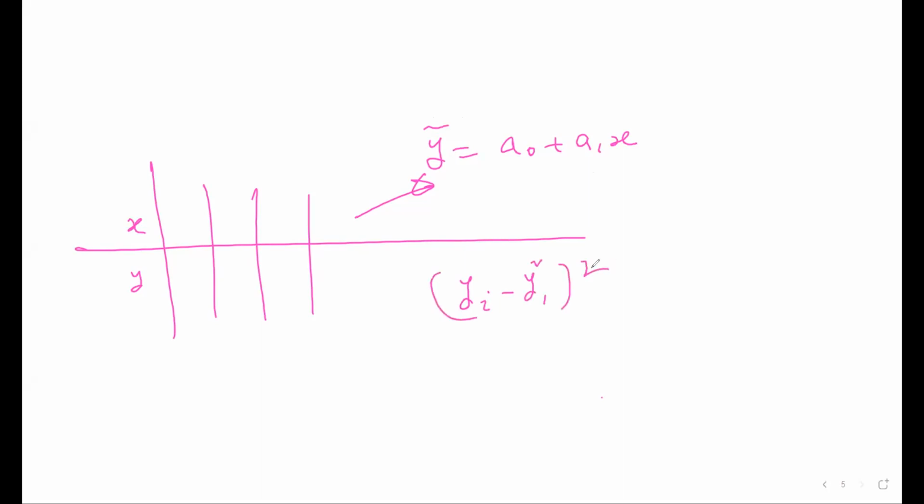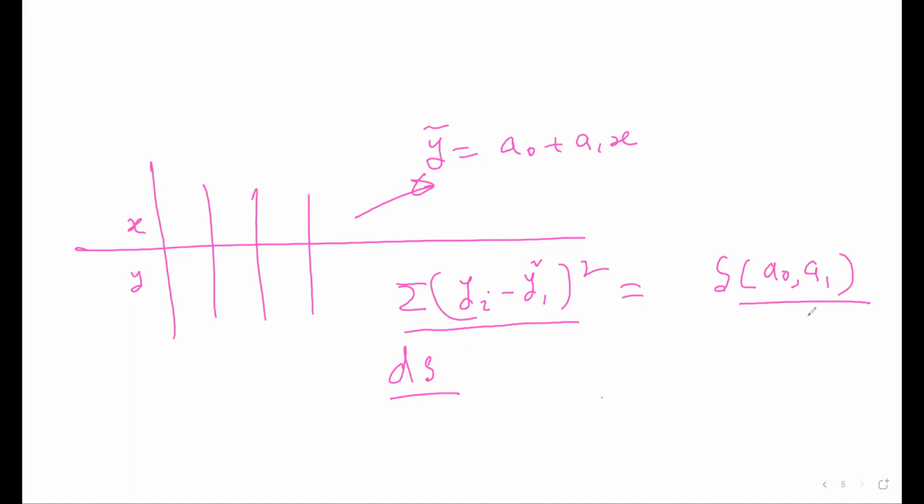We square the error and sum it, and that error function you can call S. Then we take the derivative of S, and you will have a polynomial function that is a function of a0 and a1.